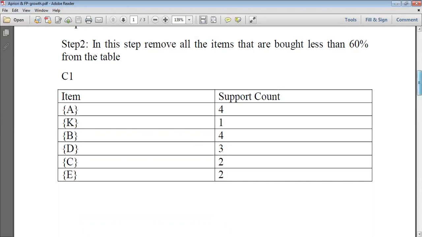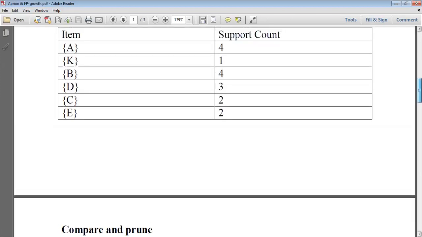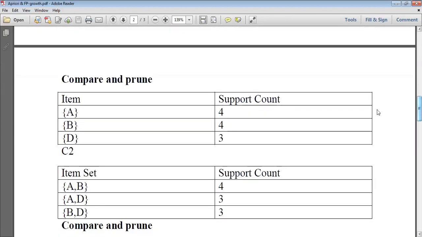So we do the compare and pruning. A is purchased 4 times, so the support count is 4, B is purchased 4 times, and D is purchased 3 times. The remaining items we remove because their support count is less than 60%, so we automatically delete them.